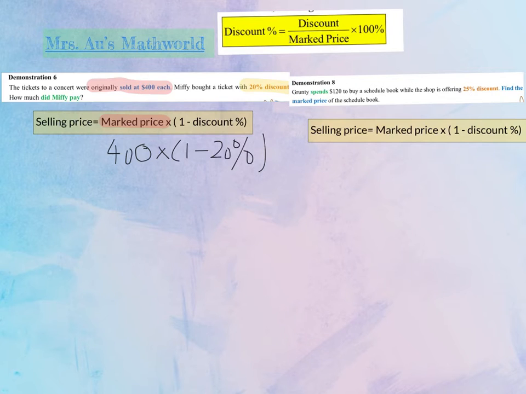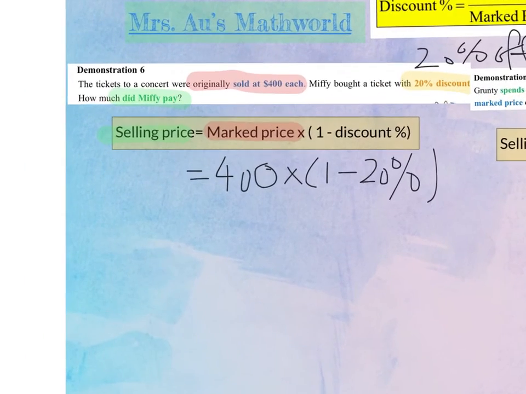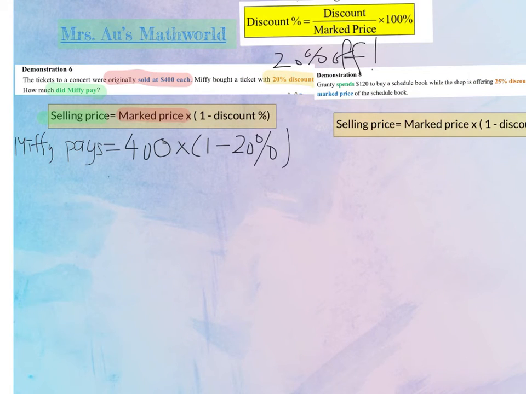It means 20% off. How much did Miffy pay? How much she pays means the new price, that means the selling price. So the price that Miffy pays equals to 400 times 1 minus 20%. That means 400 times 80%, and it becomes $320.